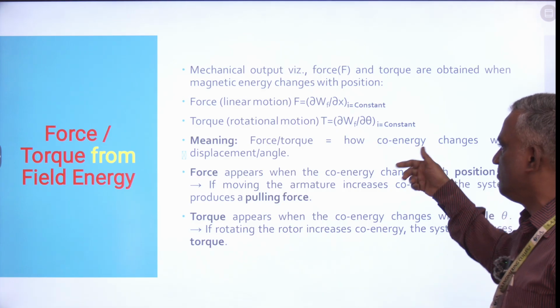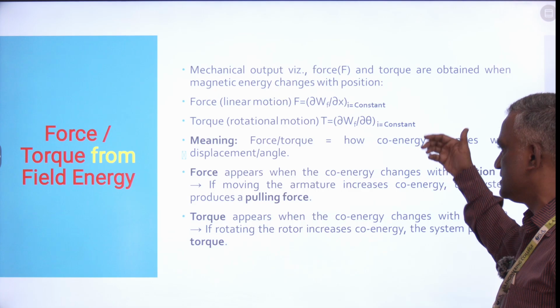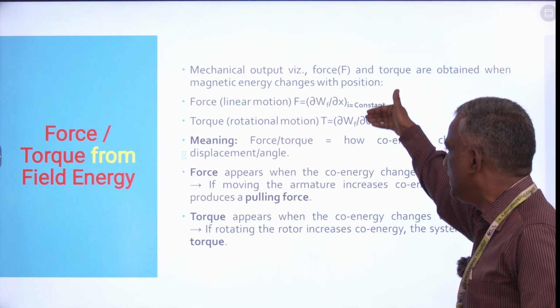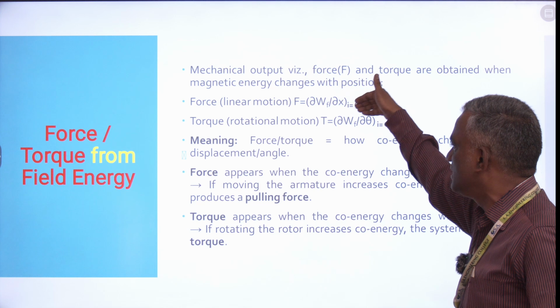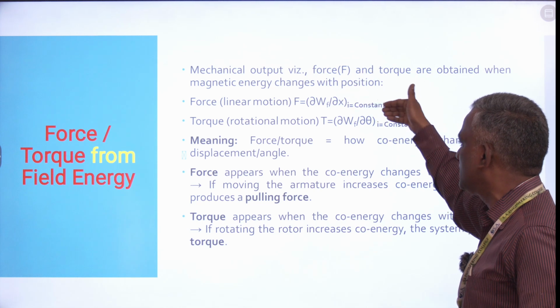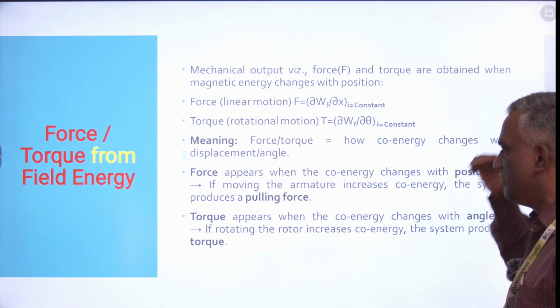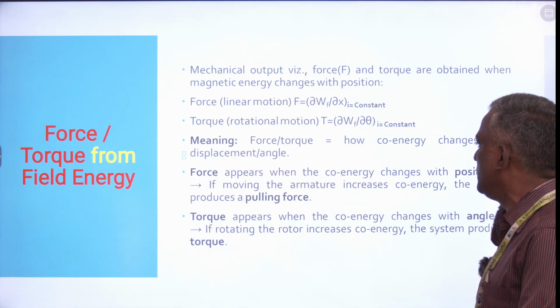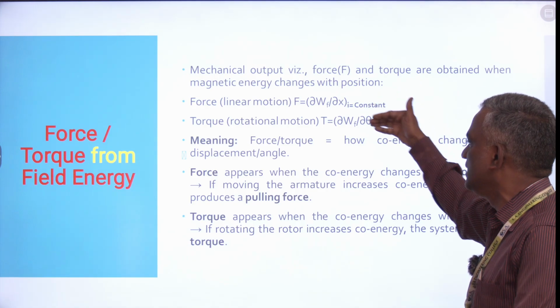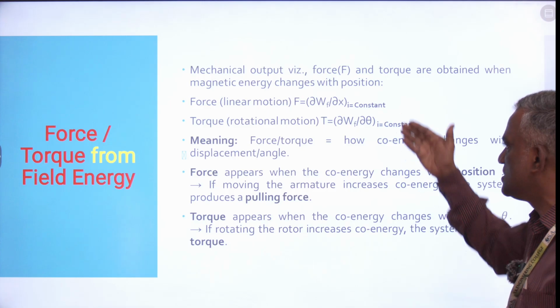In the same way, I have to differentiate the field energy with respect to the angle. In the previous case I had taken the position, but here I am taking the angle. When I partially differentiate the field energy with respect to the angle, I get the torque. So what's the difference between the two?